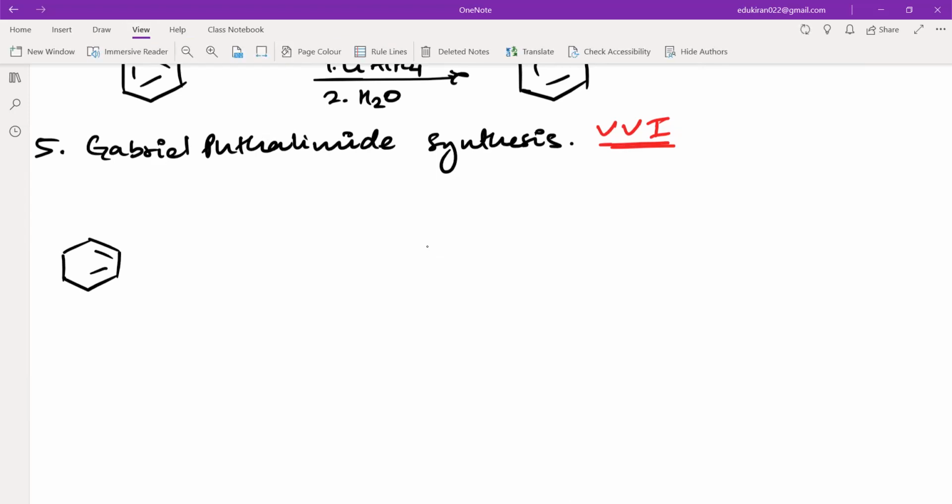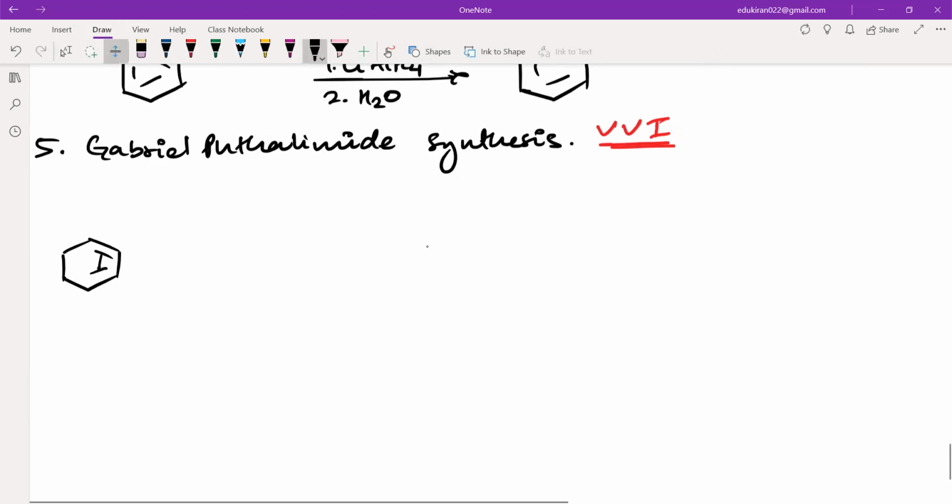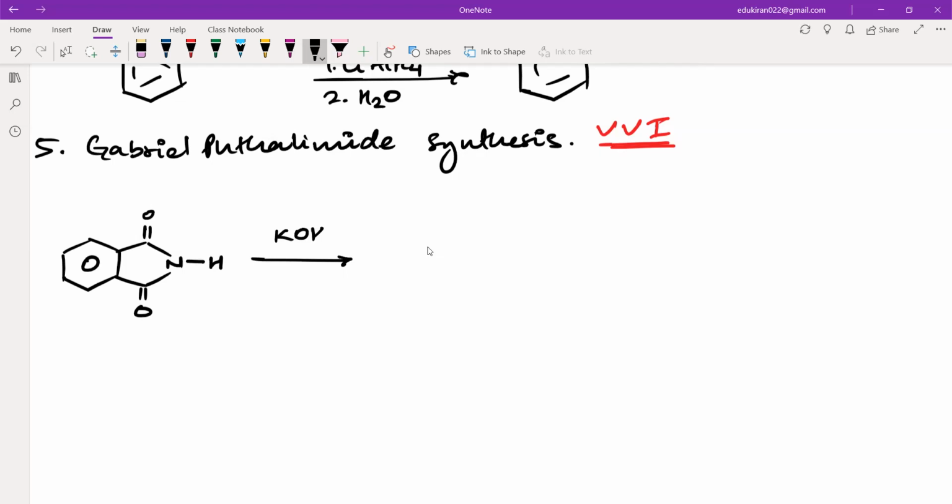You have a benzene ring, and there is a different way of drawing benzene. You can write benzene like this. Don't worry where the double bonds are. And then you have C double bond O, C double bond O, with a nitrogen bonded to H. Here we have this hydrogen, and we add a base, KOH.